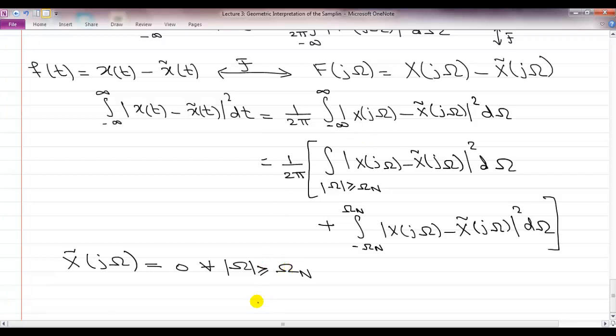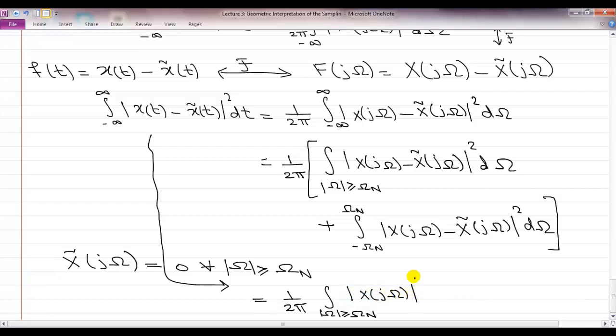If that is the case, then my error, if I just go from here to here, is simply given by 1 over 2 pi, integral over omega greater than or equal to omega n of |x of j omega| squared d omega, plus 1 over 2 pi, integral from minus omega n to omega n of |x of j omega minus x tilde j omega| squared d omega.